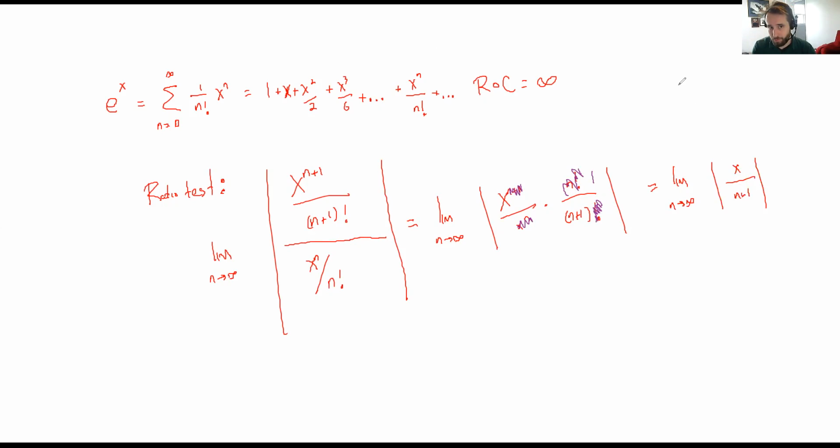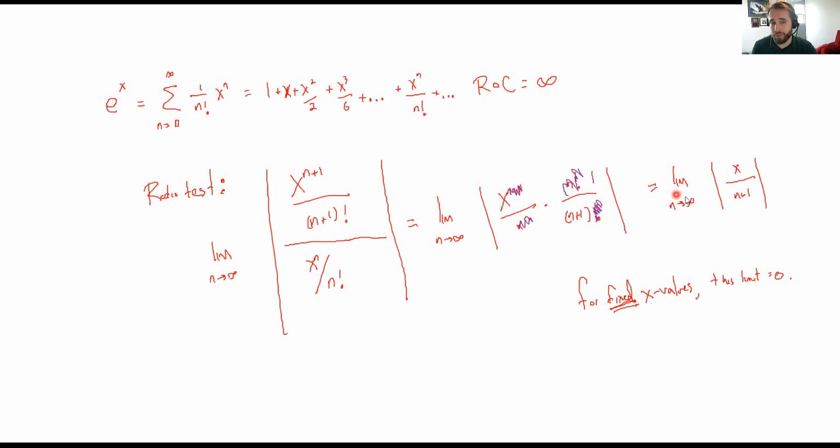Well, it's a little weird because there's still an x in there, but I want to point out that for fixed x values, this limit equals 0. As long as I'm fixing my x value in advance, by letting n go to infinity, that expression will ultimately equal 0.